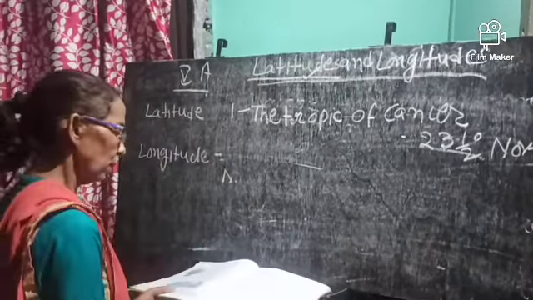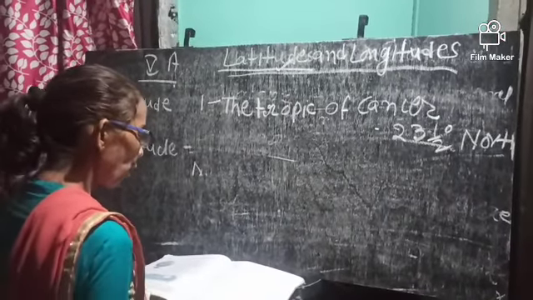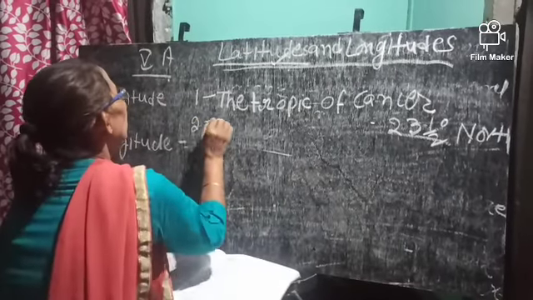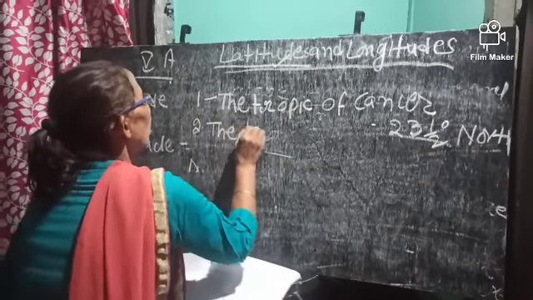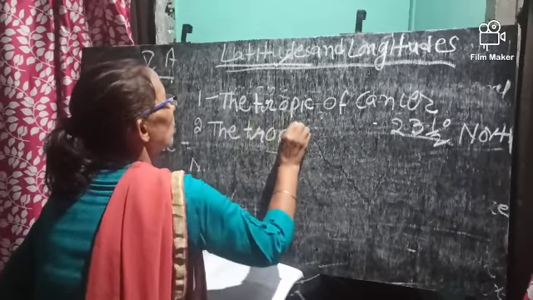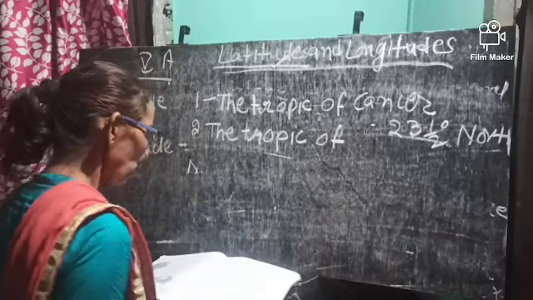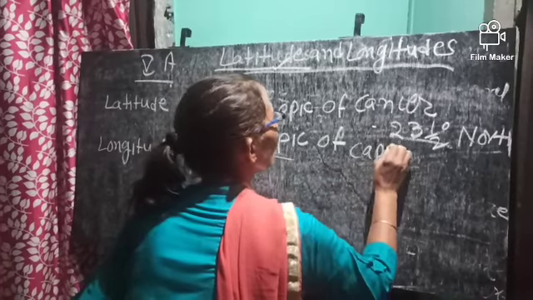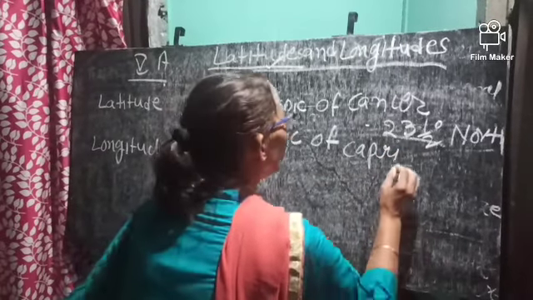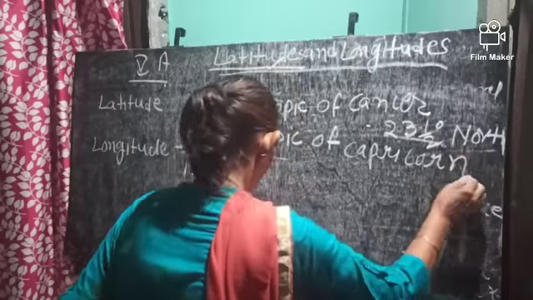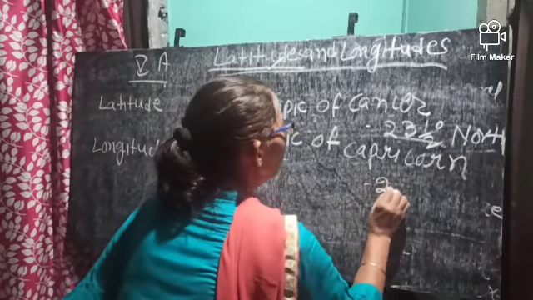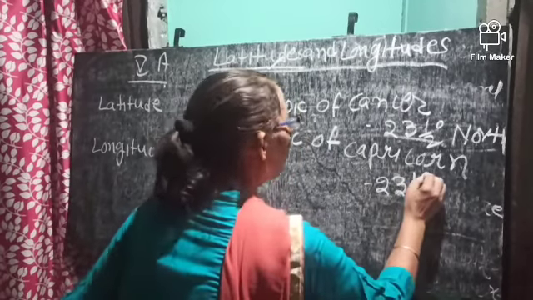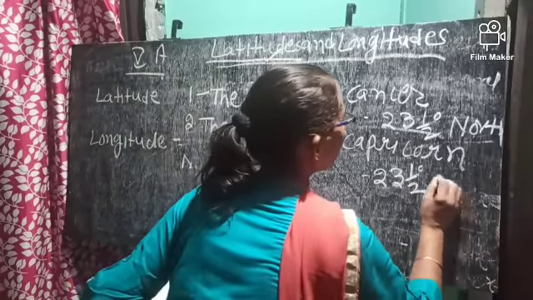Next one is the Tropic of Capricorn. The Tropic of Capricorn is 23 and a half degrees south.